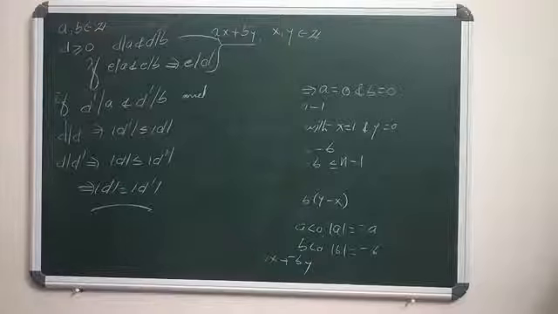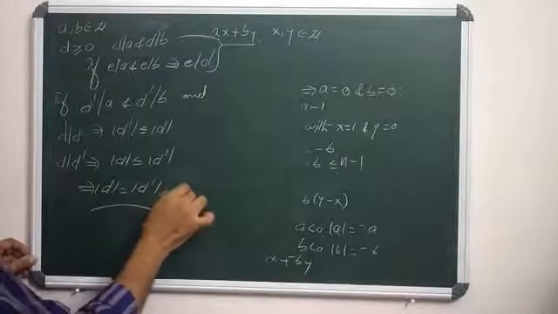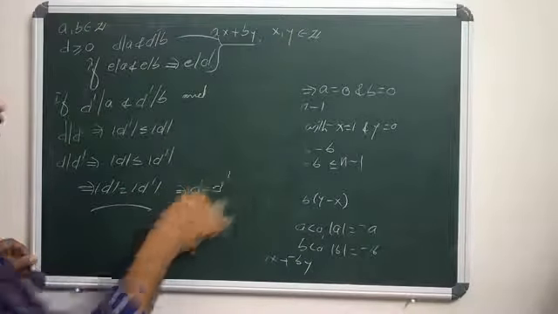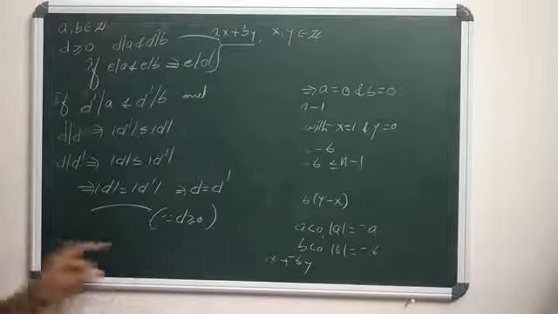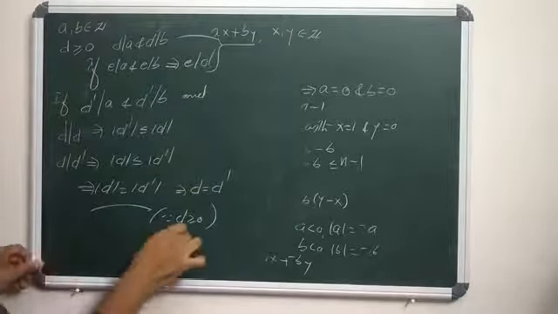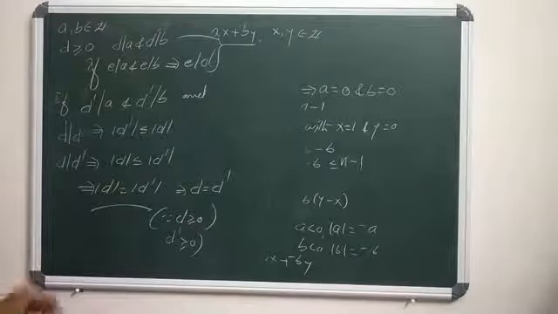Okay. So why D equals D dash? Because D is greater than or equal to 0, and as our choice, D dash is also greater than or equal to 0. So mod D equals mod D dash should imply D equals D dash, hence the uniqueness is preserved. Okay.